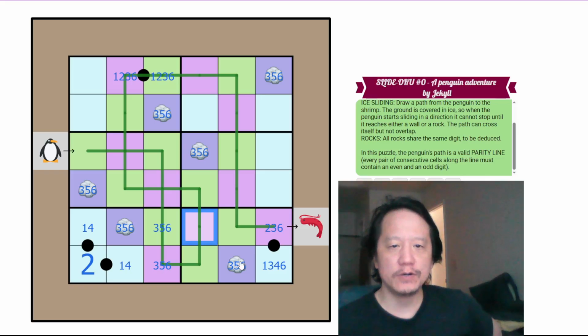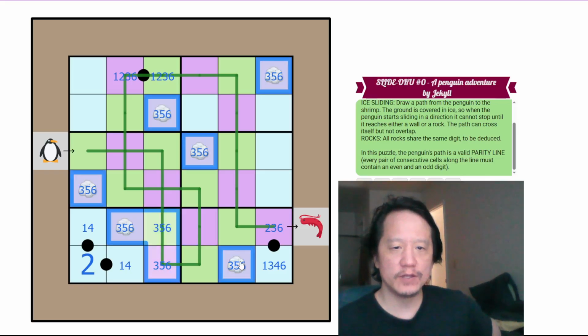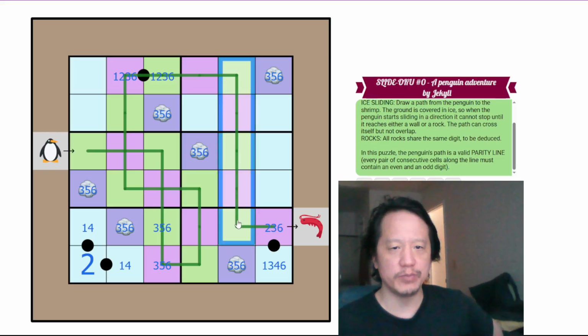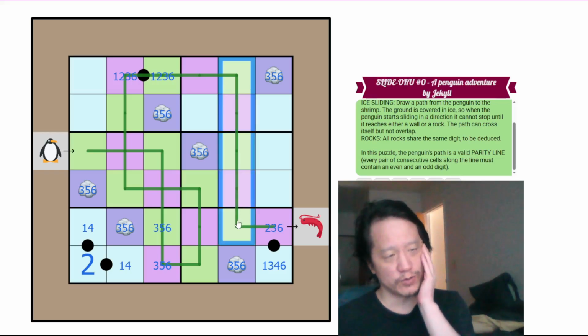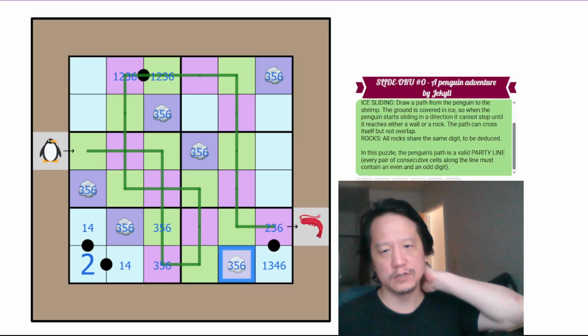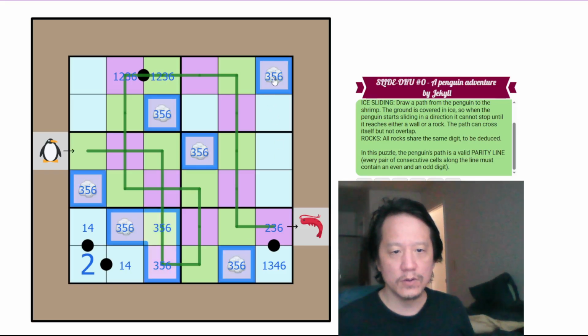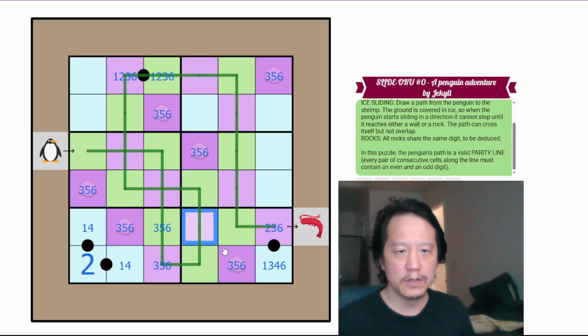So we know the stone has to be of type pink. Because in column 5, we have green, pink, green, pink, green. So we have 3 greens and 2 pinks. So the stones are all pink. Since those are pink, that means this cell must be green here.